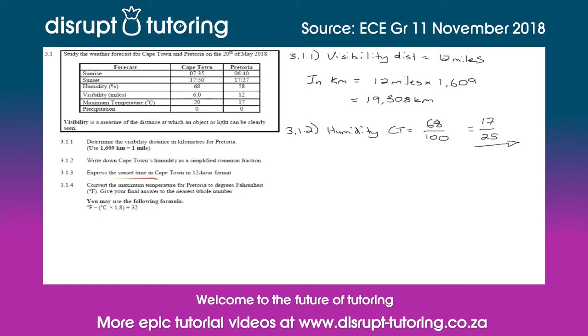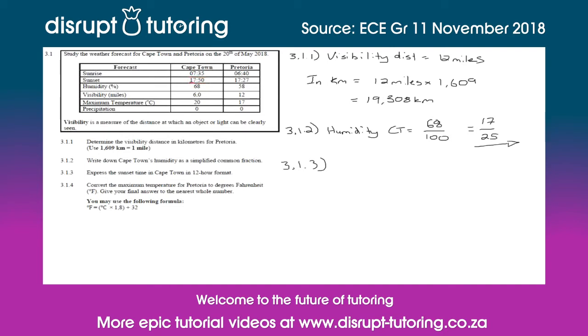Express the sunset time in Cape Town in the 12-hour format. So for 3.1.3, we can see on the table, find the sunset time. Here is the sunset for Cape Town, and you can see sunset is at 5:50.